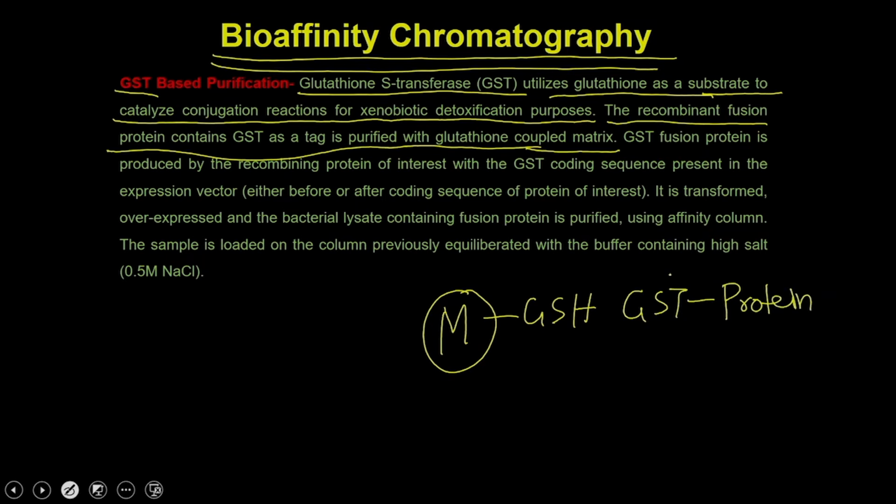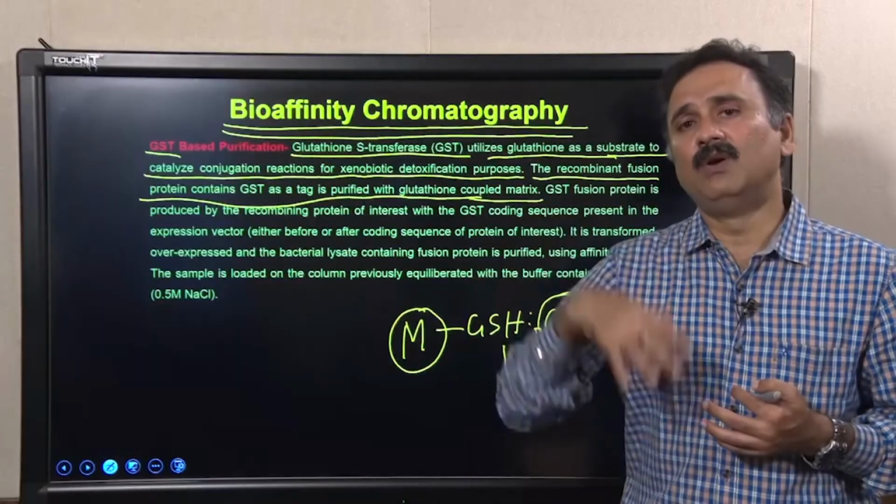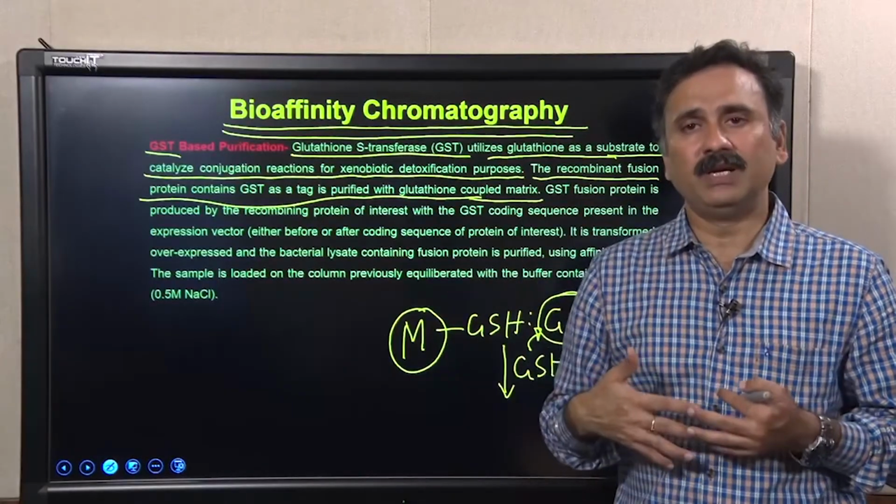And then what will happen is, since this GST has a very high affinity for the glutathione, it is going to make the interaction. Then you can utilize this simply by flowing a large quantity of GSH. This GSH is going to compete for the matrix bound GST, and that is how the GST bound protein is going to be removed from the column and it is going to elute.